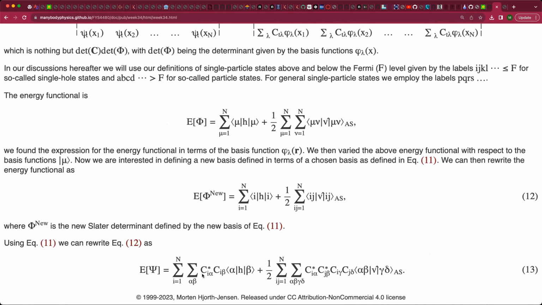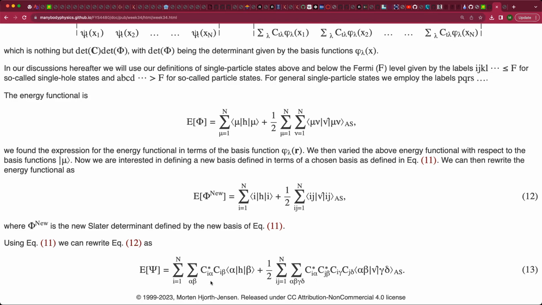You can then actually rewrite everything in terms of the old basis, and then you have these coefficients, which you see here. So we are going to use that when we set up the Hartree-Fock equations. And in the Hartree-Fock equations, we are going to vary these coefficients, like we did for the FCI derivation.